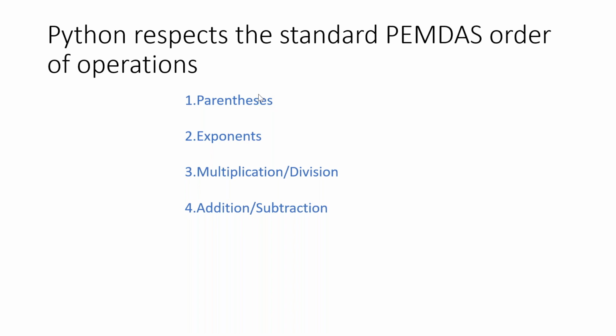So Python, when you are evaluating complex mathematical expressions like any other programming language, follows standard PEMDAS order. If you have a big mathematical expression, first it will evaluate something that is inside the parenthesis, and within the parenthesis exponents first, then multiplication and division, and then addition and subtraction.